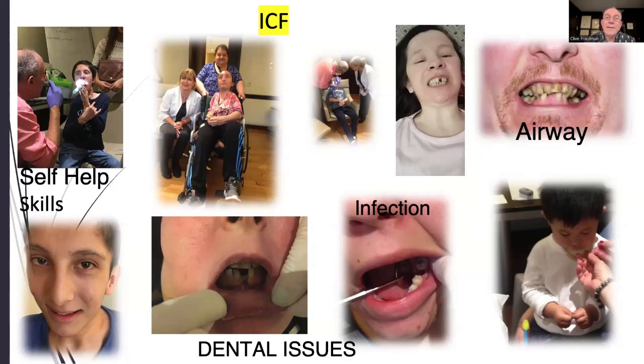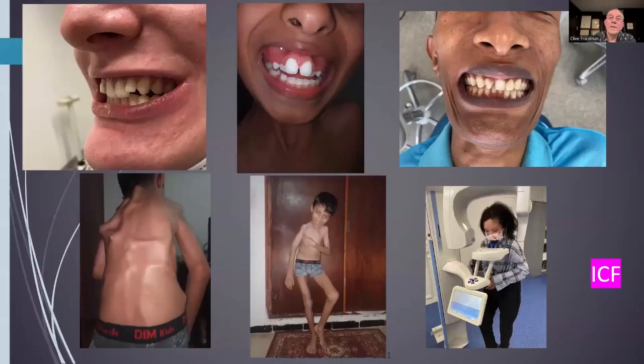How does that impact their airway? And what happens if you get cavities and even need things like braces? I'm going to be covering some of these issues.